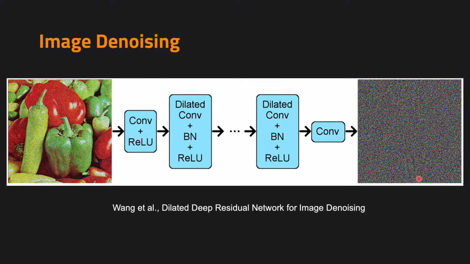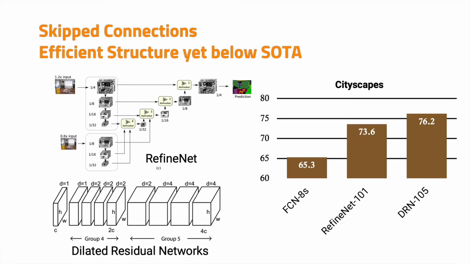Dilated convolution has also been used in other areas, like dilated residual networks for image denoising. So even though dilated convolution has become a major method in building segmentation networks and a key component for high performance segmentation networks, skip connection still has its position in building efficient networks, because if we do not need to keep the high resolution feature maps, then we can reduce some of the computation.